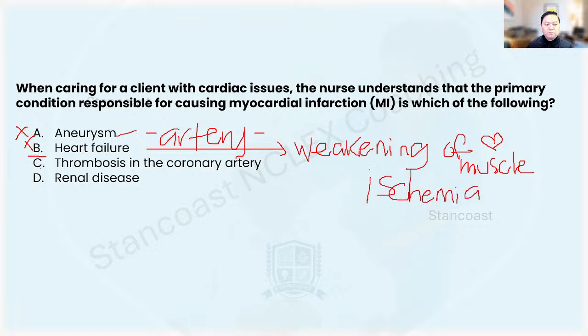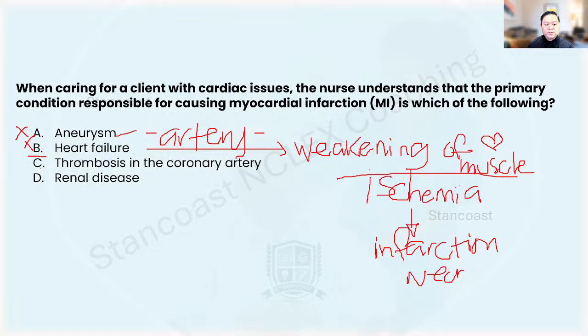A lack of blood supply to the muscle tissue, followed by infarction and also necrosis. The muscle cells are no longer going to be able to function after that necrosis. It's cellular death.